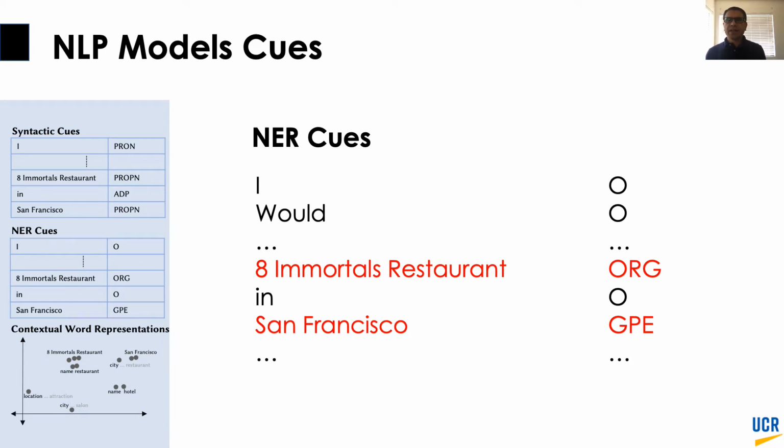Although NER taggers provide only a few basic entity types, many, though not all, slot types can be mapped to these basic entities. Please remember that directly assigning these tags to some slot types based on some similarity function would produce very low recall. That's why we use these tags only as initial cues.